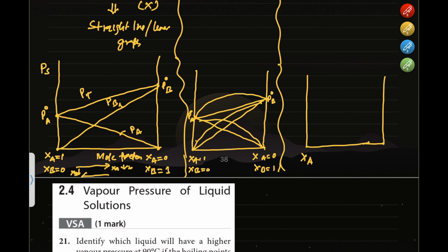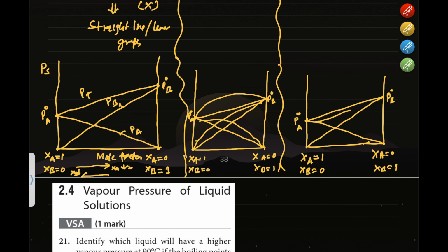First we draw a graph for the ideal solution like this. This is the graph for the ideal solution.